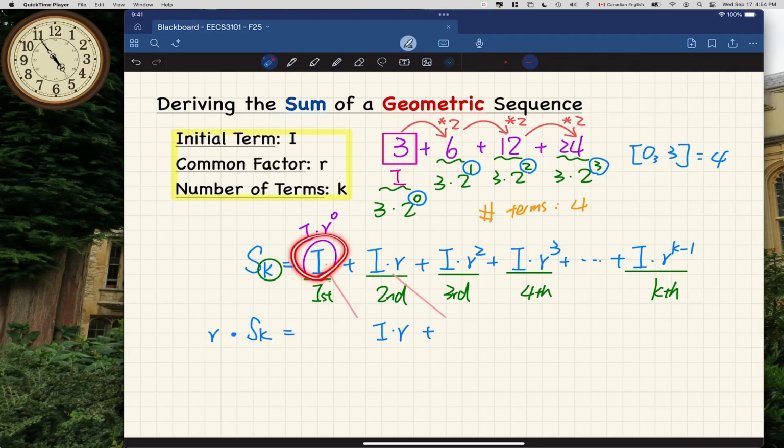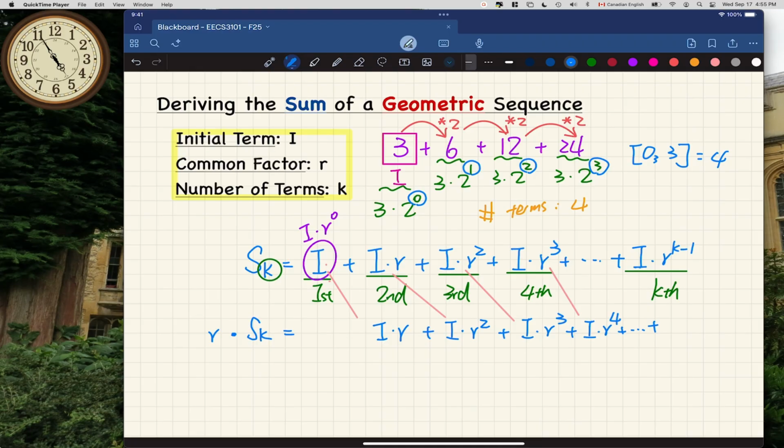So you can think about this term times r becomes this. This term times r is going to become this. So this one will be I times r squared. And this one here, multiplied by r, is going to give you I times r cubed. And this one here is going to give you I times r to the 4, right?